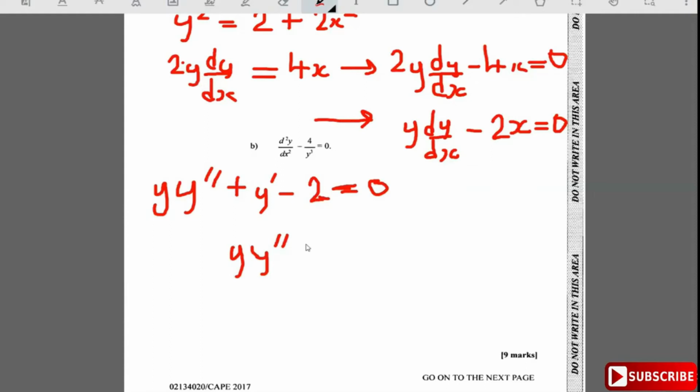So we're going to put plus. Looking now, 2 dy by dx is 4x. So from this part right here, you get that dy by dx or y prime is equal to 4x over 2y. 4x over 2y is 2x over y. All right, that's 2x over y.